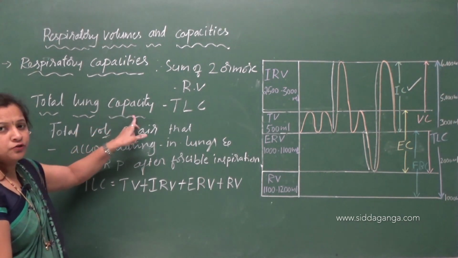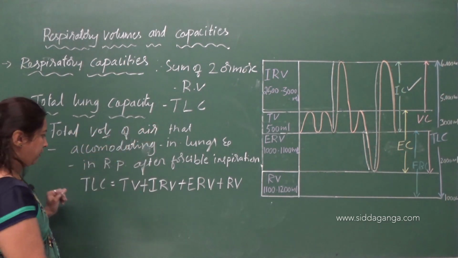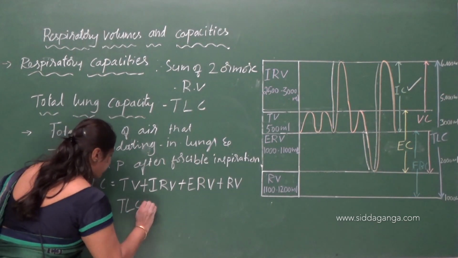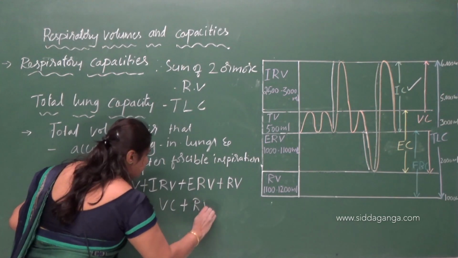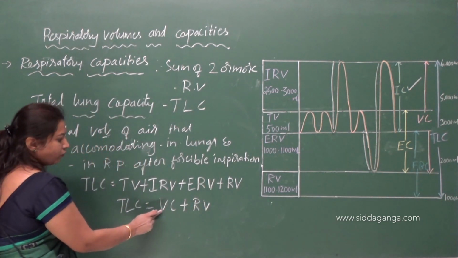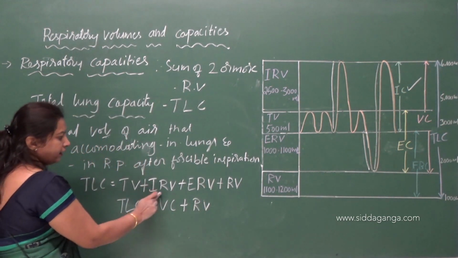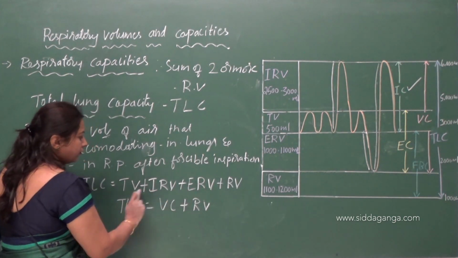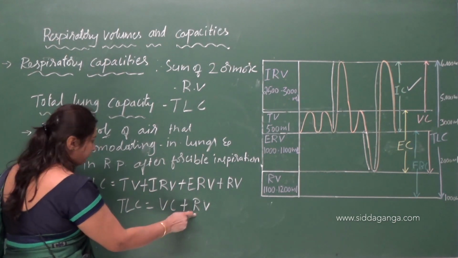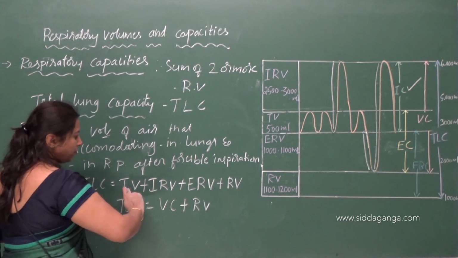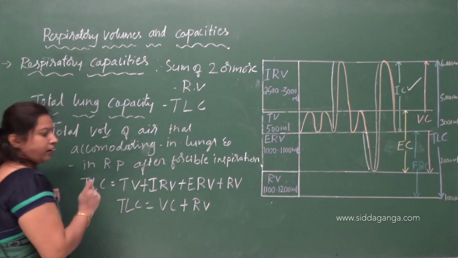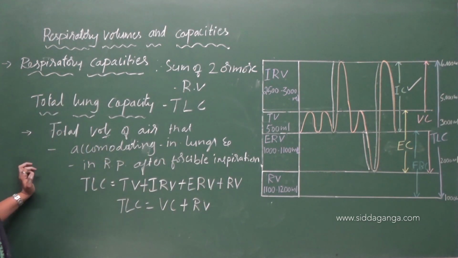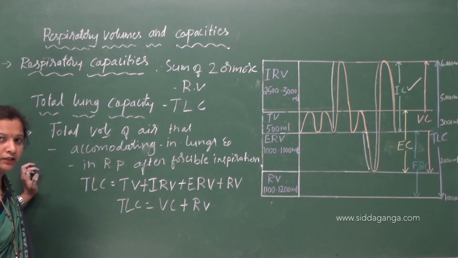Or else we can also write TLC is equal to VC plus RV, because VC is vital capacity, and vital capacity includes TV, ERV plus IRV. So in short we can write VC plus RV, or else it is the sum of all the four: TV, IRV, ERV and RV. So that is the total lung capacity.